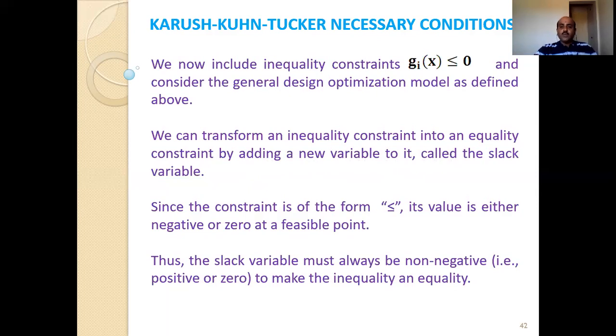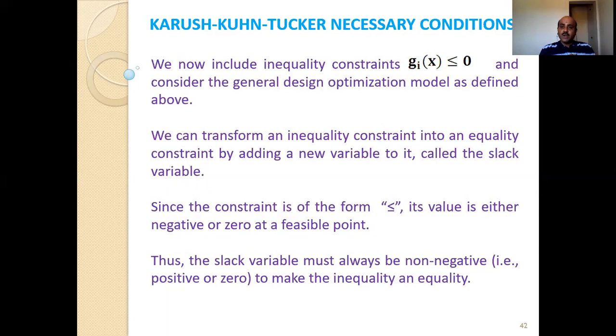So here, what it says is, when we consider an inequality constraint in the generalized design optimization model, we have the possibility to convert or transform an inequality constraint into an equality constraint.